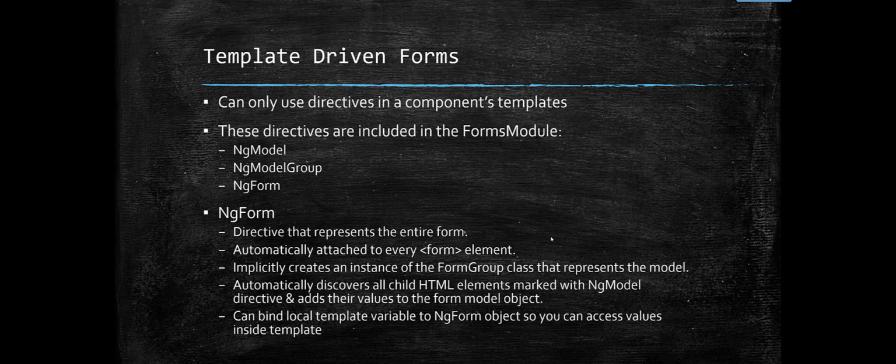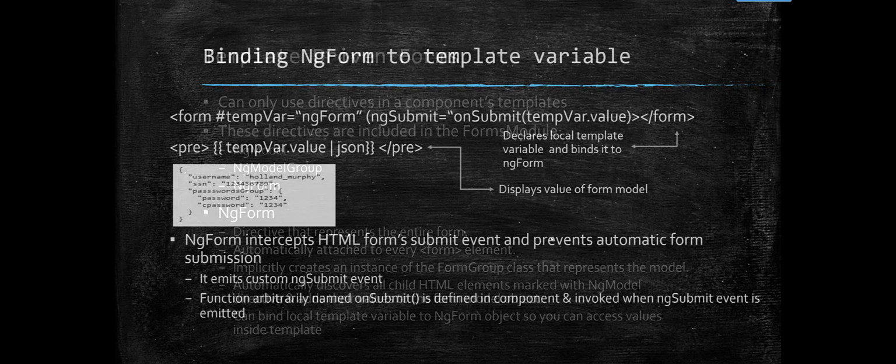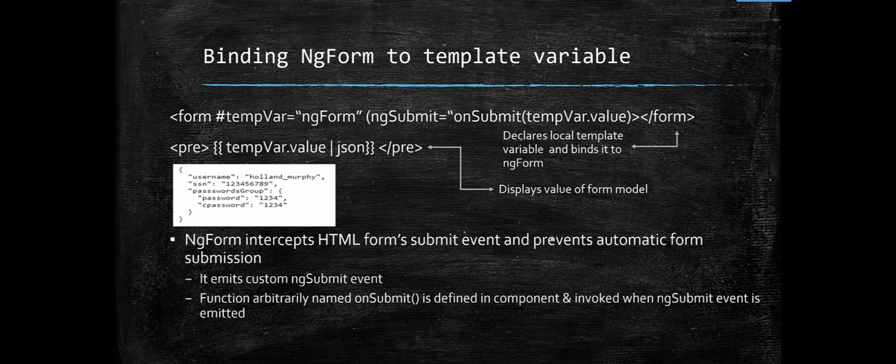It also automatically discovers all child HTML elements marked with the ngModel directive and adds their values to the form model object. And in many cases, you usually bind a local template variable to ngForm in your form element, so you can access values inside the template.